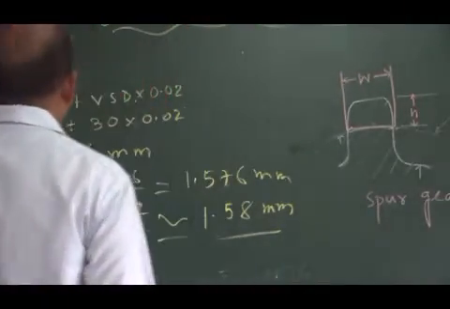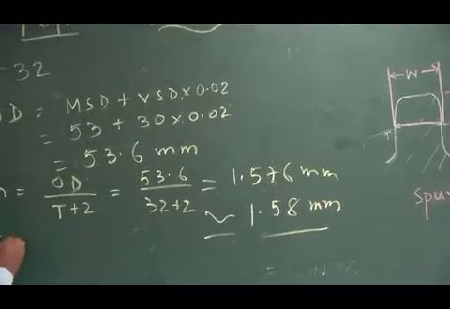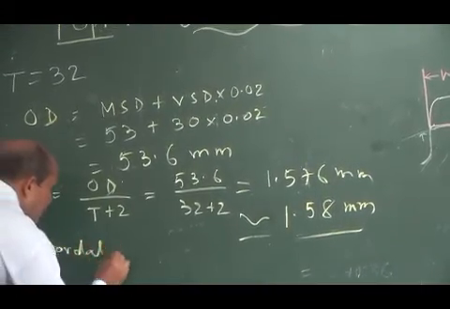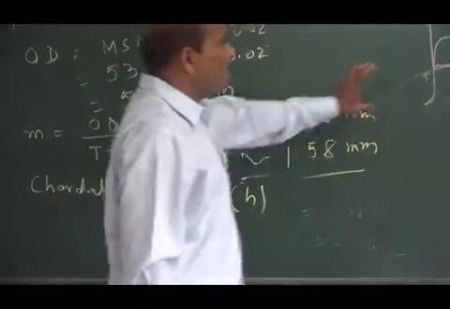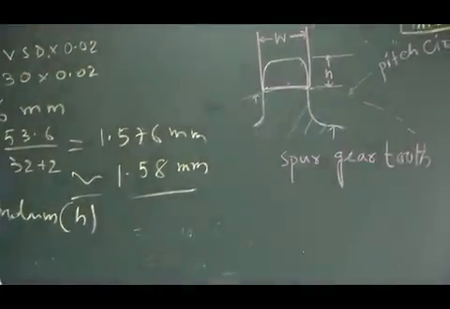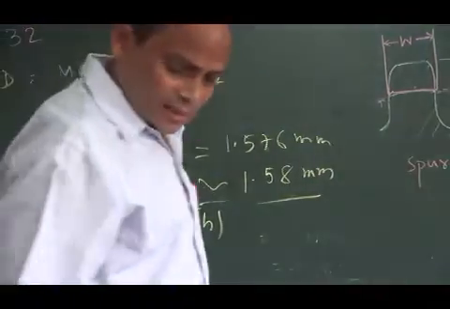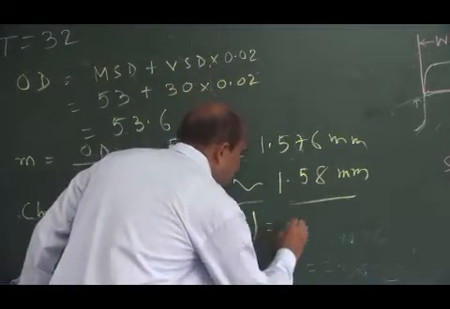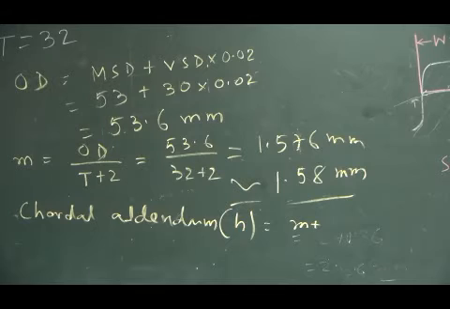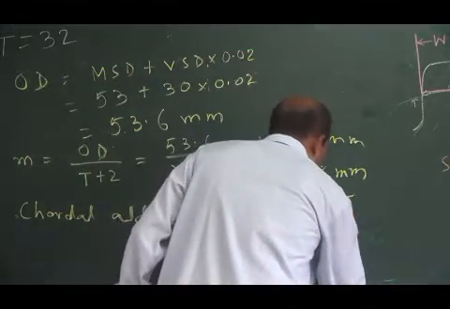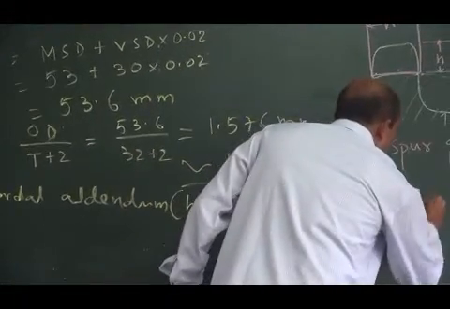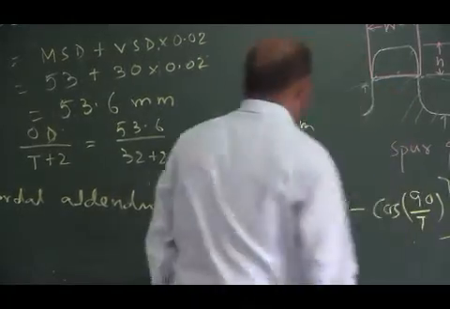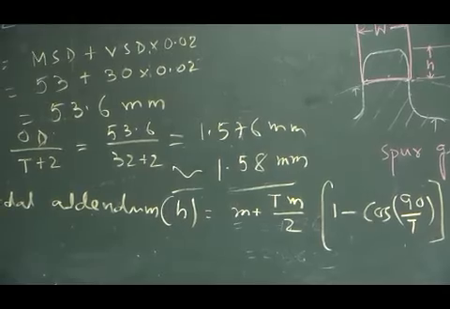Caudal addendum is denoted by H, and this is M class, caudal addendum, that is equal to M class, Tm by 2 into 1 minus cos of 90 by T. That is the formula for finding out caudal addendum.